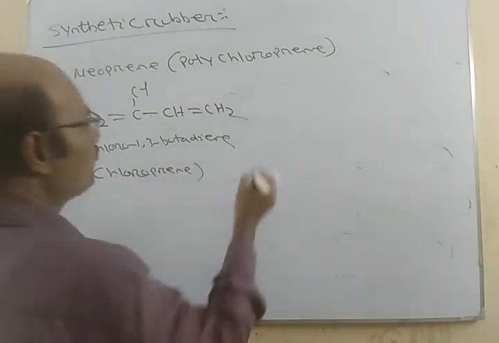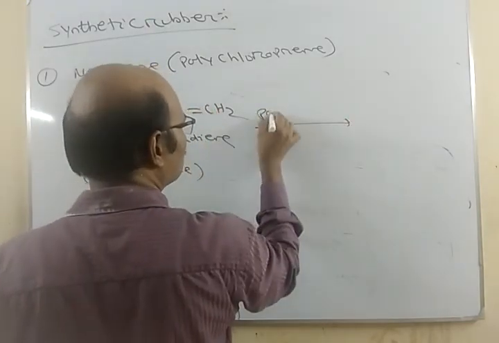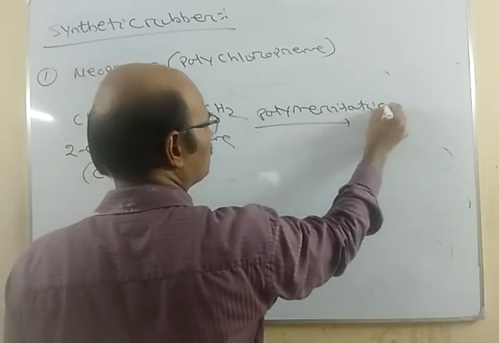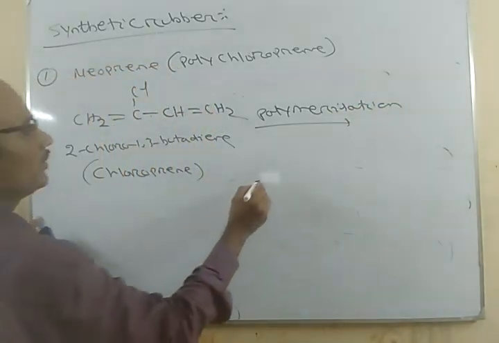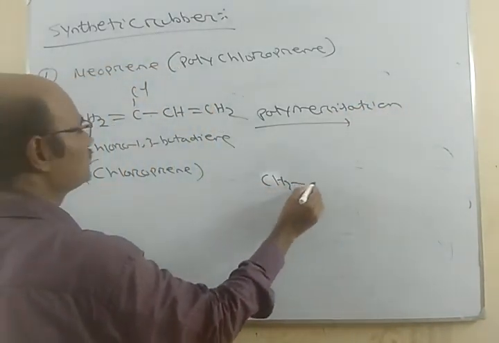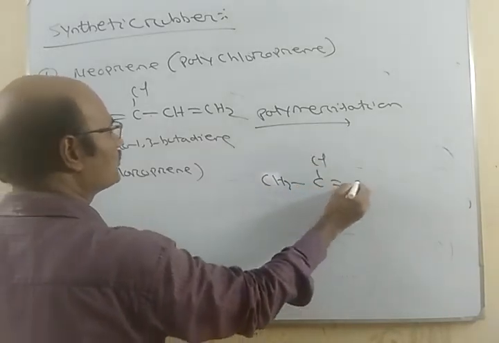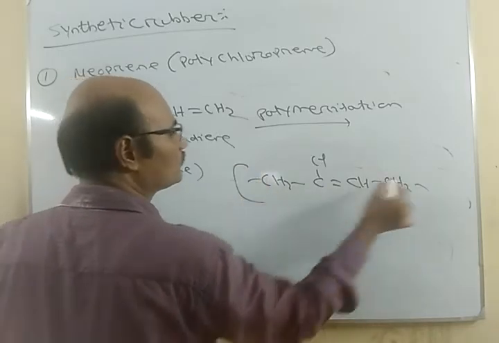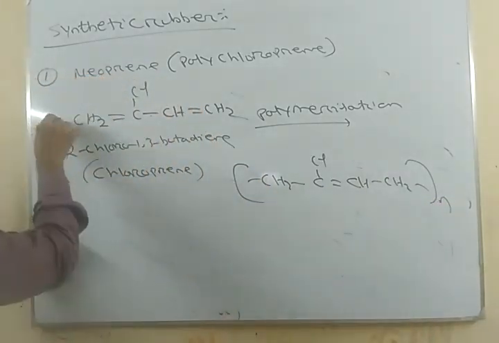So this undergoes polymerization to give CH2, single bond C, Cl double bond CH, CH2, n.